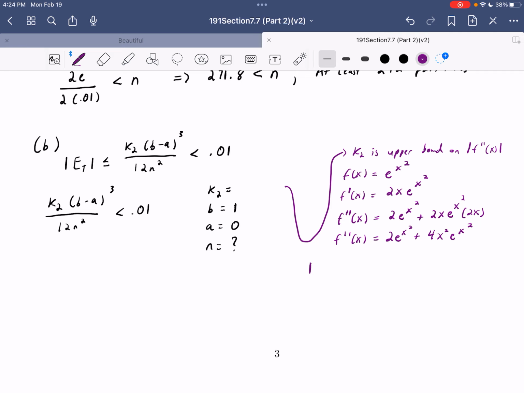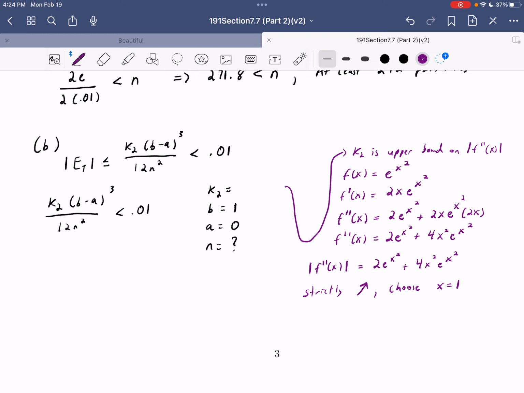Now again, the absolute value doesn't do anything because all this stuff is already positive. So the function we're looking at is this guy. If we take a look at this, all of this stuff gets bigger as x gets bigger, so this is strictly increasing. So we're going to choose the upper end of our interval, x equals 1.